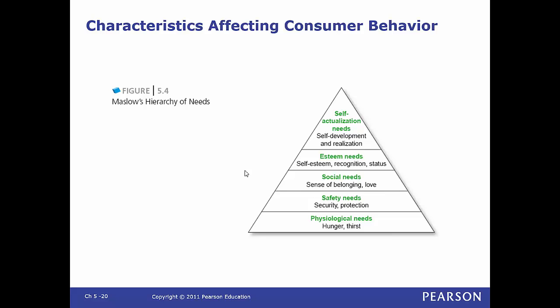The fourth level is related to esteem needs, or self-esteem needs, and this group is related to our tendency to be recognized by others or to have special status. For example, one of the reasons that a doctor chooses to be a doctor, in addition to helping people, is a need for being recognized by others.